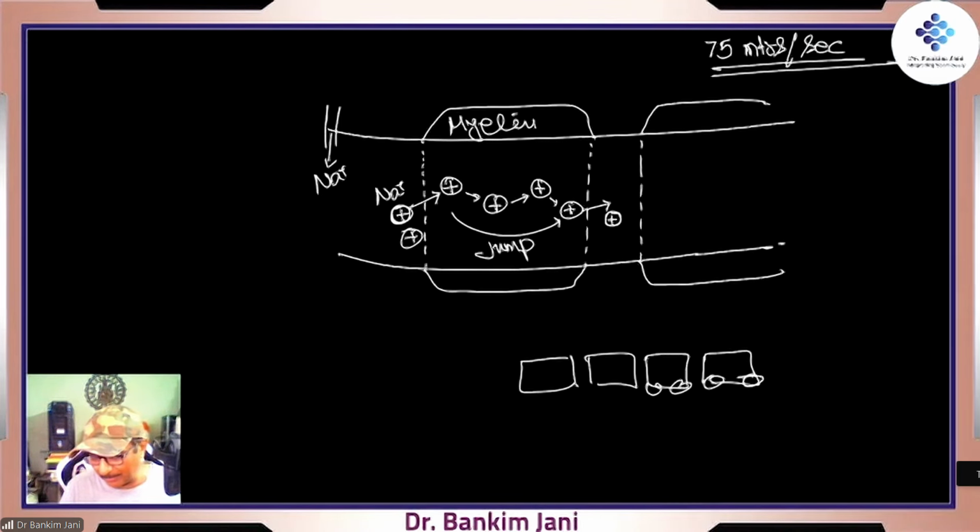So here one push, then that push will transfer all the way there. So inside the myelin, sodium is already present. So they are already there. But there are no channels. Just remember that in the myelin area, there are no channels.